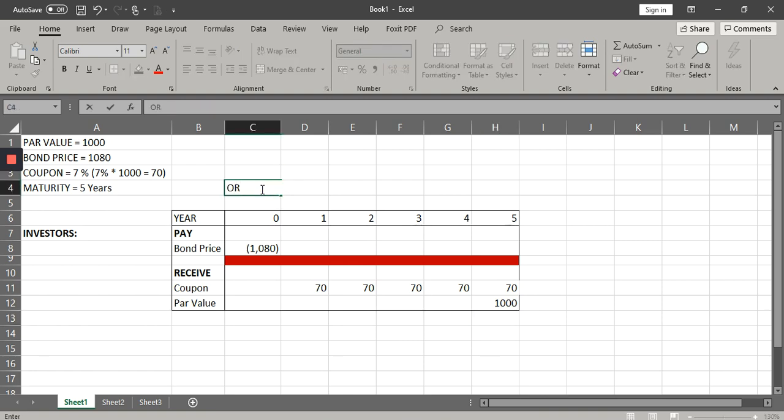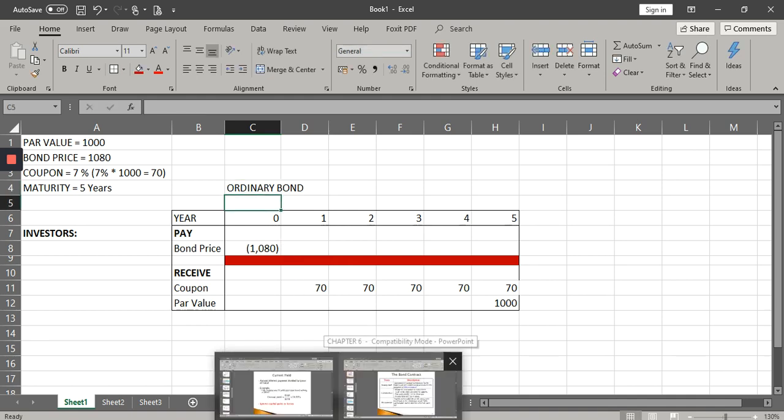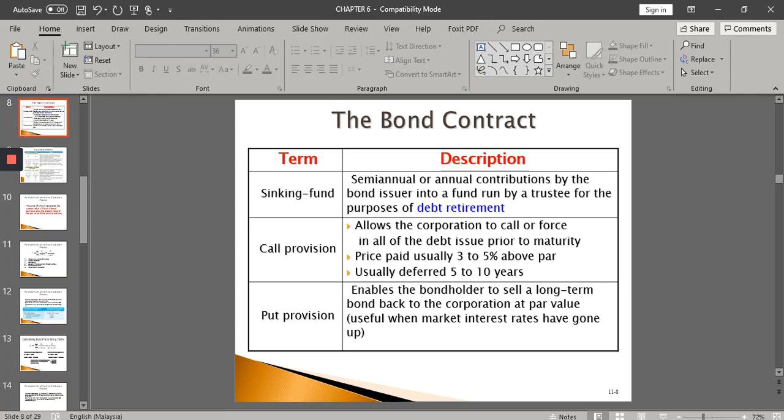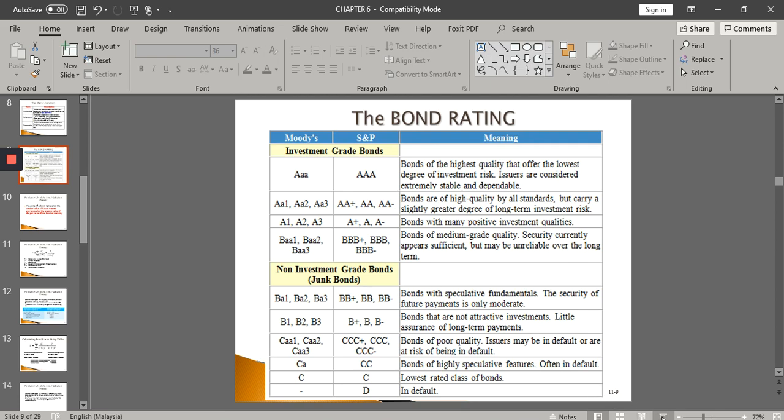These are the ordinary bonds. All right. So with that, let's continue.